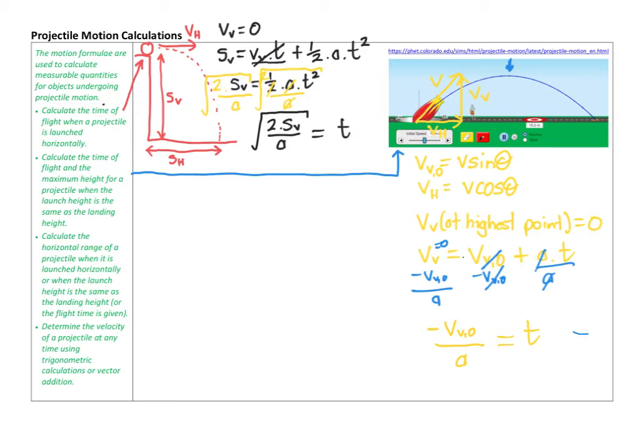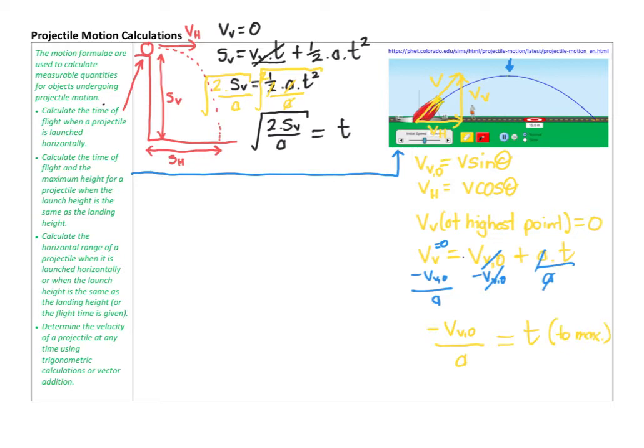Remember though, that's not the time of flight, that's the time to the max height.